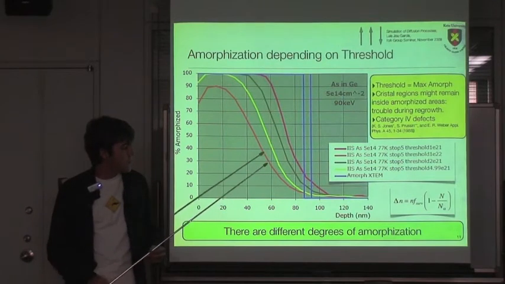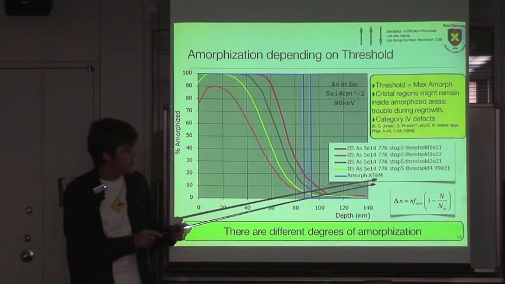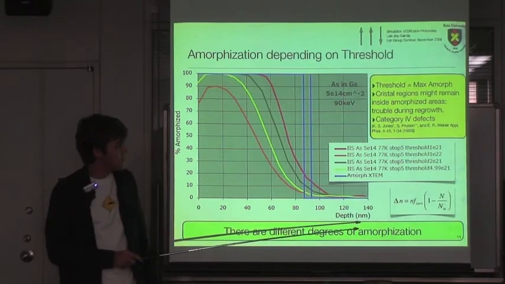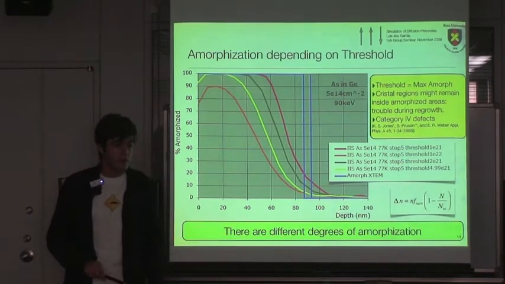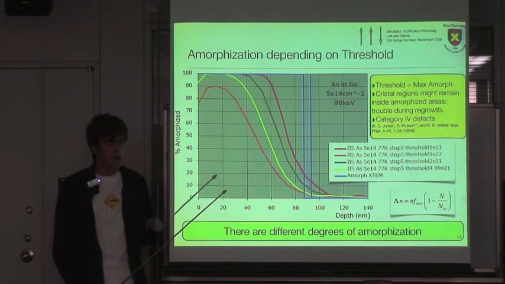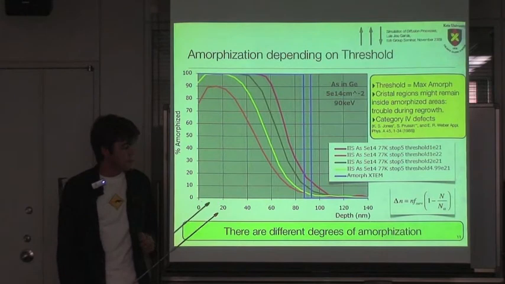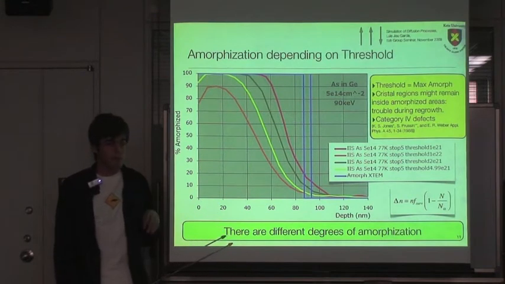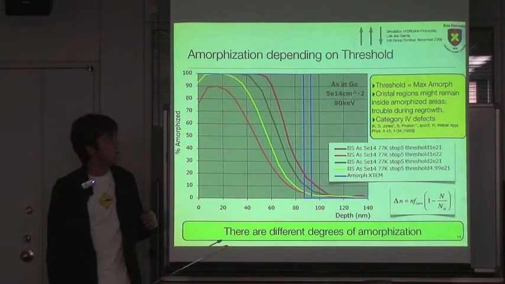Finally, I have used as threshold value, in the case of silicon, 5 to the 22nd, because it's the atomic density of silicon, and in the case of germanium, 4.4 to the 22nd. I consider that the maximum damage should be the atomic density.